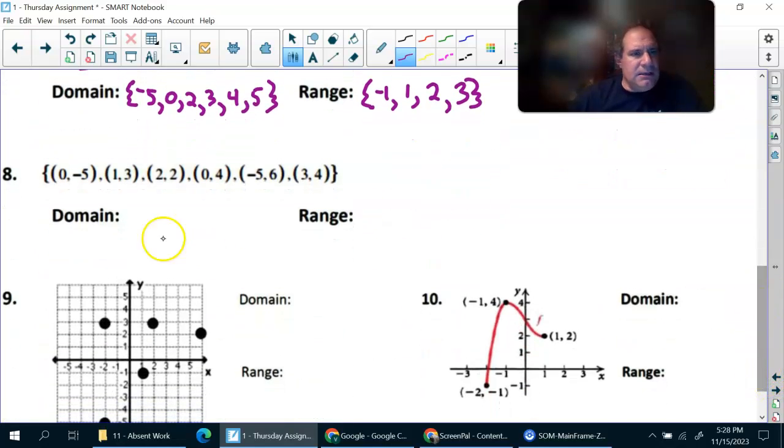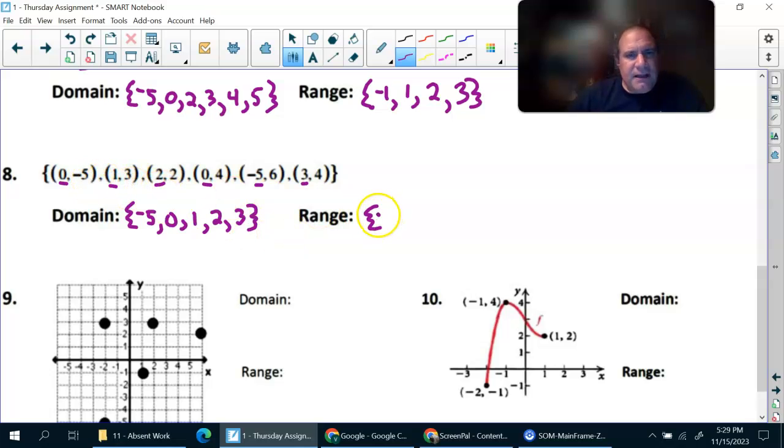The domain here for this one is -5, which is the least. 0 occurs twice, but you only list it once. 1, 2, and 3. And we have the range.